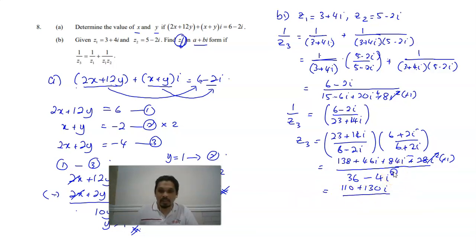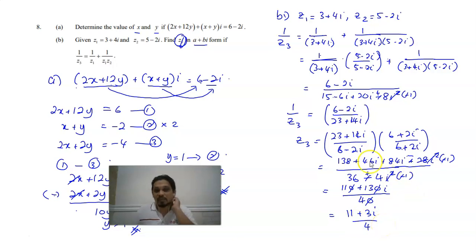Divided by, okay, now i squared is negative 1, negative times negative, positive. 36 plus 4, 40. So 110, 130, and 40, which I think we can divide everything by 10, right? Divide by 10, divide by 10, divide by 10. So then what's left here right now? 11 plus 13i divided by 4.